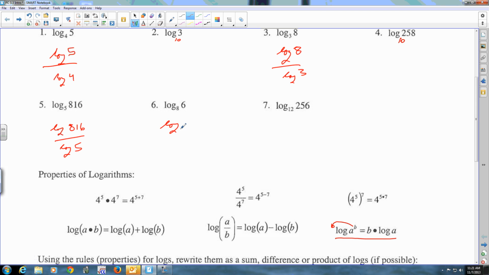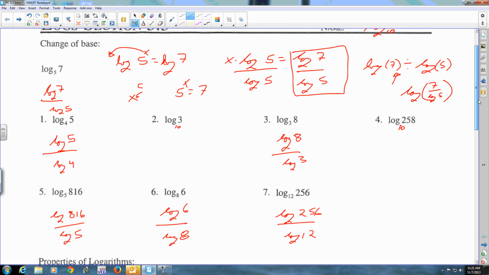This you type in log of 6 divided by log of 8. This one, log of 12. Whoops, I said it backwards. You guys are just trying to see if I can do it right. All right, log of 256 divided by log of 12. That's called change of base. That's how you change the base so you can type it in your calculator.